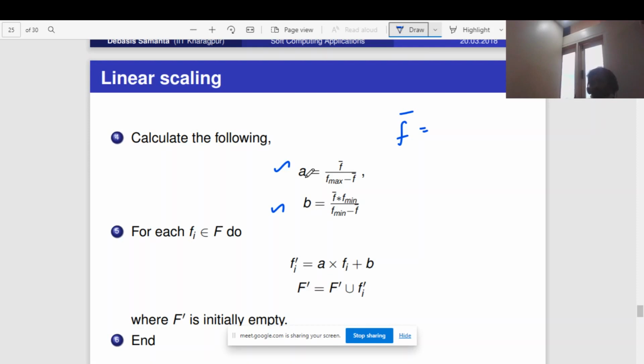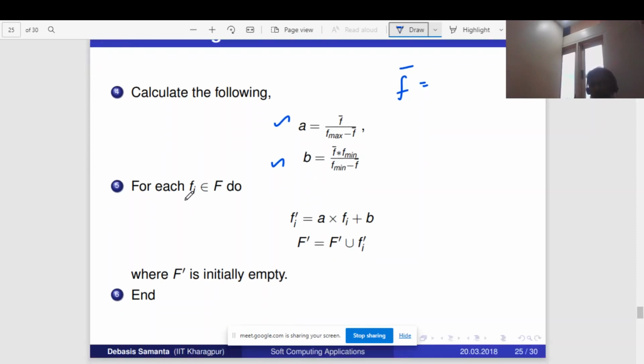With this, we can now calculate fi dash for each fi, for f1, f2, f3. fi dash is equal to a into fi plus b. That's it. So f1 dash is a into f1 plus b, f2 dash is a into f2 plus b, and so on.